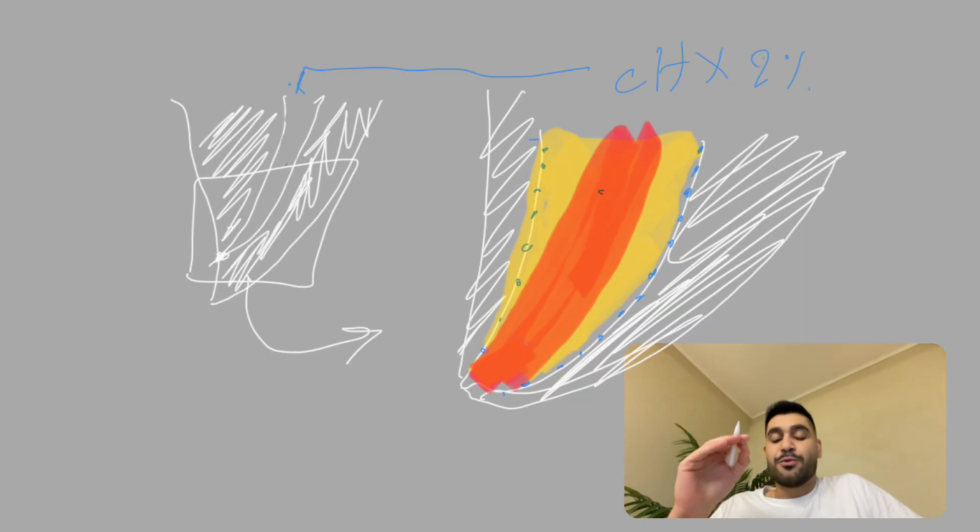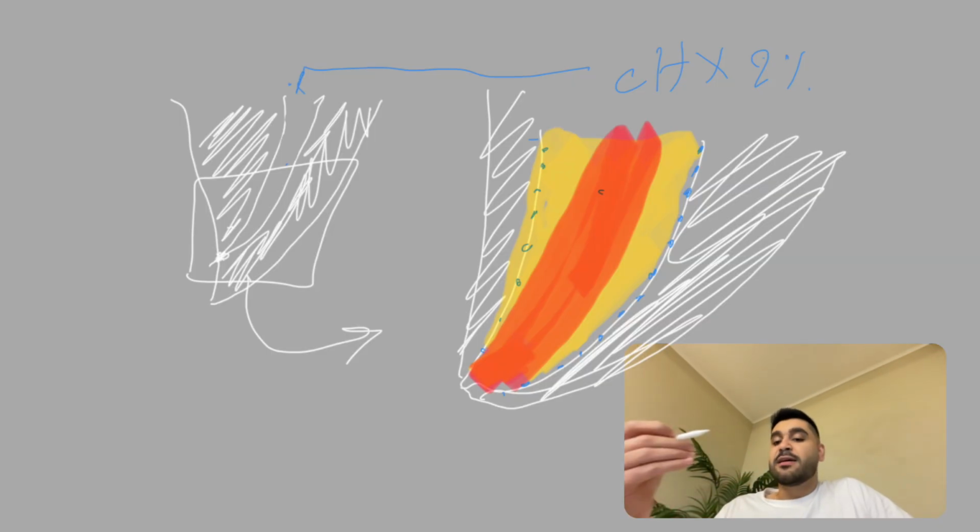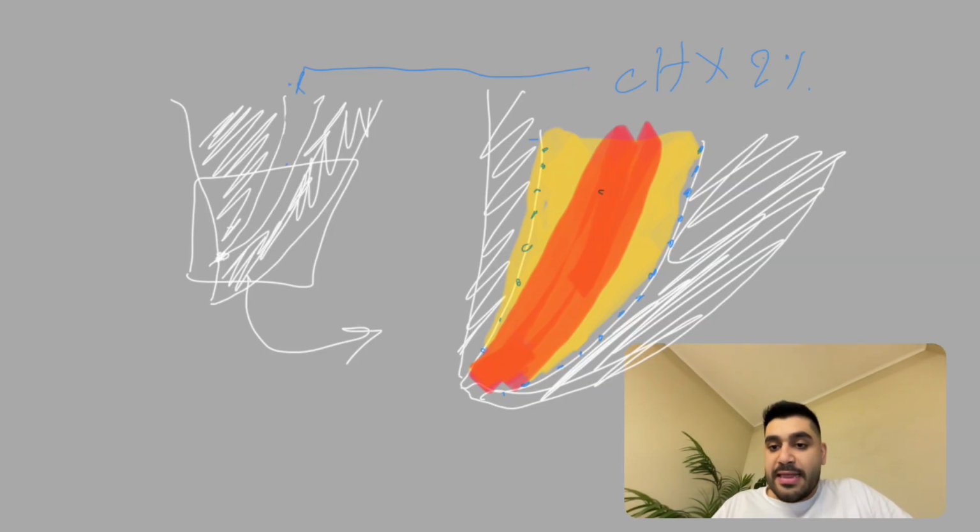There is an effect that we call substantivity. It means that chlorhexidine, with the passing of time, jumps from the dentin wall of the root canal to the sealer, and they have antimicrobial effect.